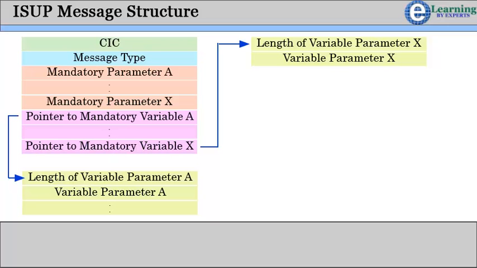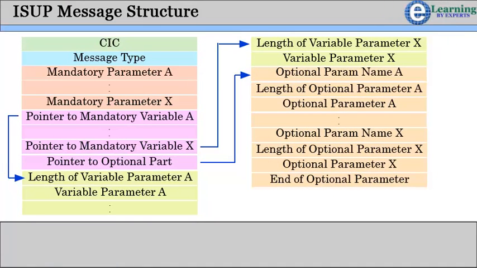Lastly, there are optional fields consisting of name, length and content. Pointer to optional field is also part of mandatory variable part. The pointer value is simply the number of octets from the pointer field to the variable parameter length field.